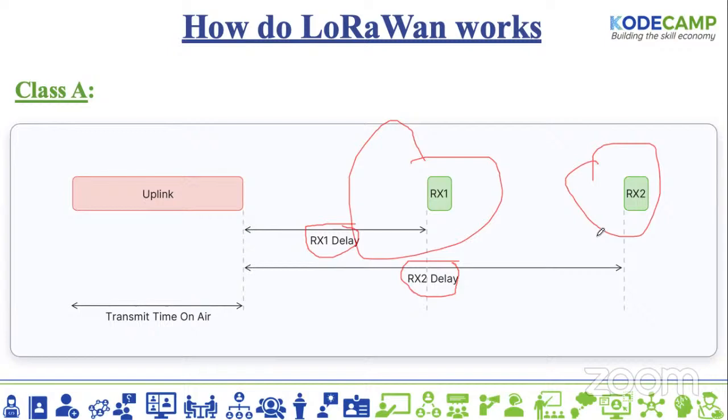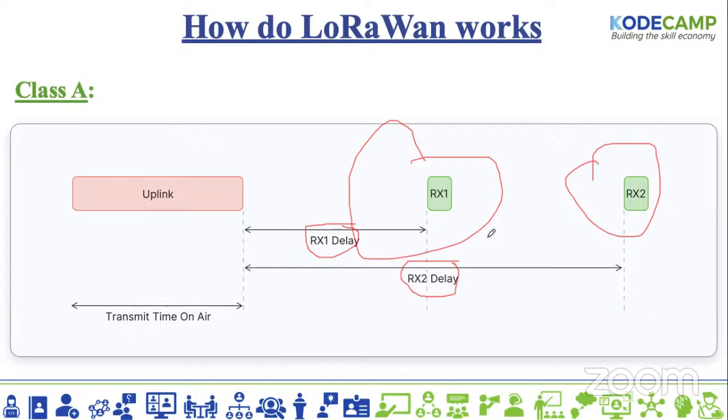So if there is any failure in reception when these two receiving windows are created, the next reception is going to come after another uplink, because after every uplink you have a downlink. After the downlink, you have an uplink again.